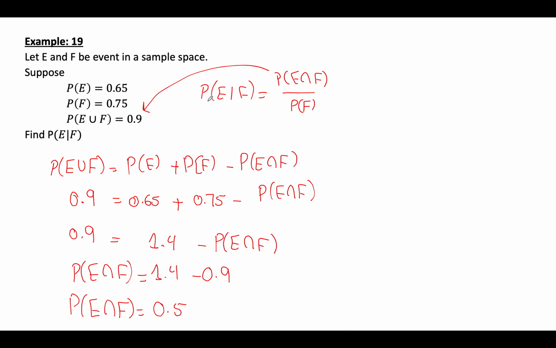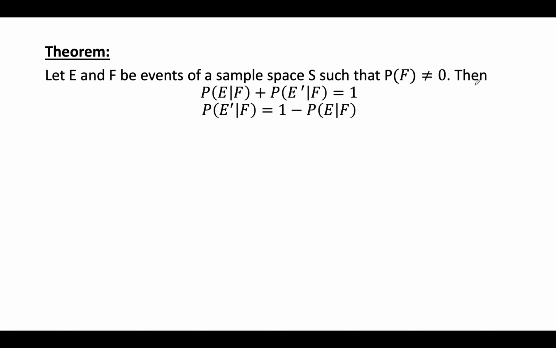We have that the probability of E given that F is equal to intersect over F. And here, the intersect we got as 0.5, and F is equal to 0.75, which equals 50 over 75. And this is equal to 2 over 3. And here we got the probability of E given that F.